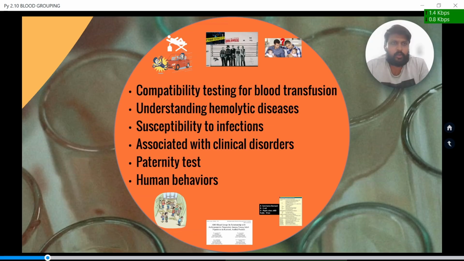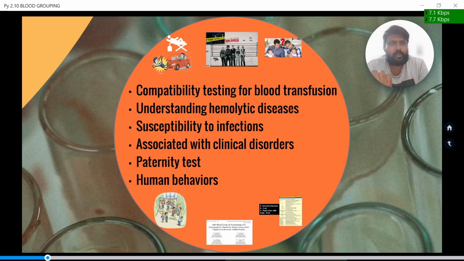For example, as I told you, Duffy is very important in malaria, because persons who have this Duffy antigen group, who are a very minor population, mostly American blacks, will be more prone to Vivax malaria. So this plays another important role.